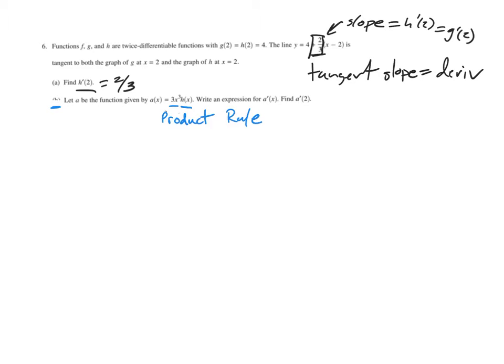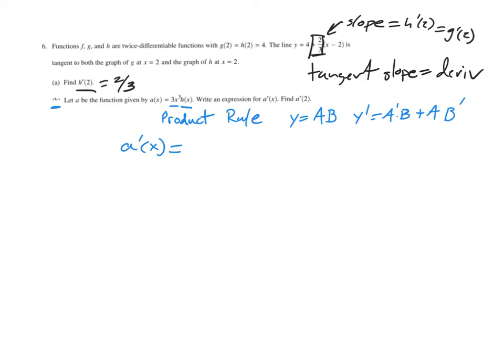And remember, the product rule basically says if you have some function that's a product, let's just say y equals a times b, then that means y prime would equal a prime times b plus a times b prime. So what is a prime of x then?